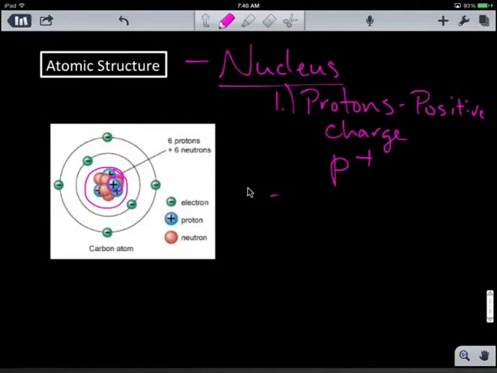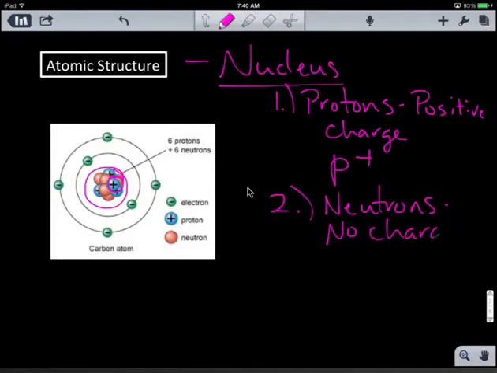The other subatomic particle in the nucleus are the neutrons. Now the neutrons have no charge. I like to think of them as just kind of filler inside of the nucleus. So from now on in class, it'll be a lowercase n and a 0 symbol to represent that they have no charge.